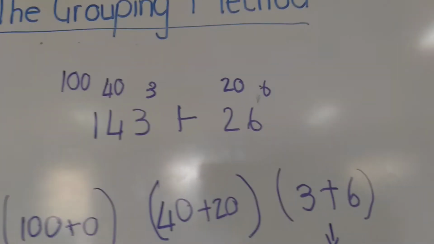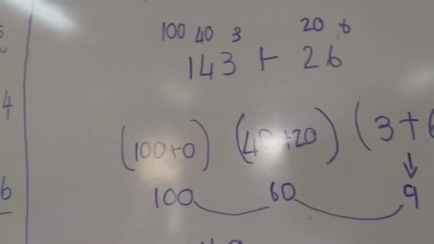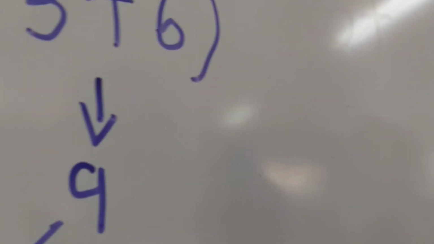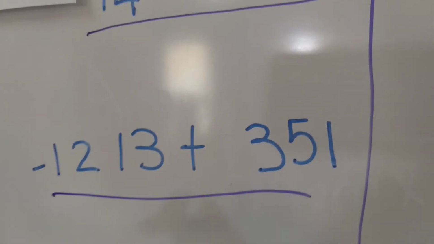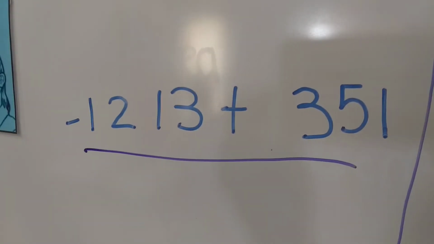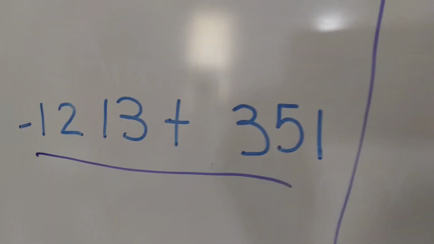In the example that you guys are going to do, I'm going to throw in a number with 1,000. Now just remember, 1,000 will just be in a group of its own, so don't get all weird about that. Let's have a look at the final example that we are going to do: 1,213 plus 351.